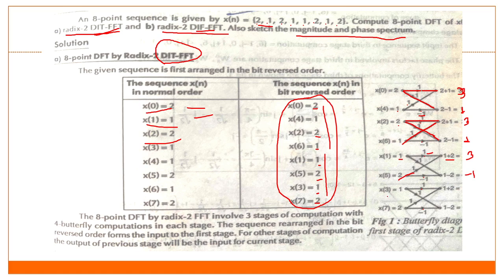Again, this point, 1 into 1, 1 I have written, and 2 into 1, 2. So 1 plus 2, 3 over here. Again in this case, 1 into 1, 1 I have written, and 2 into minus 1, minus 2. So we are getting minus 1 over here. So this is the first stage calculation.